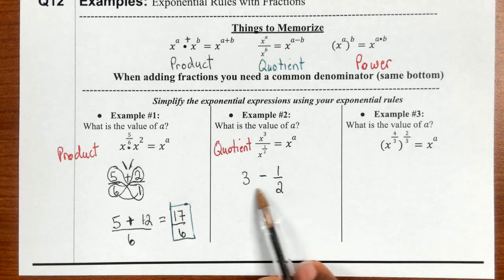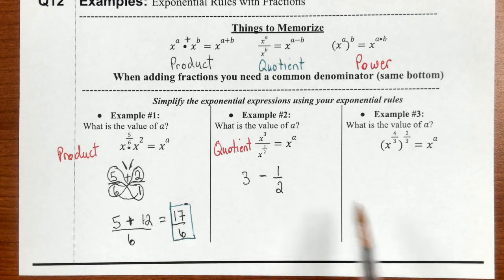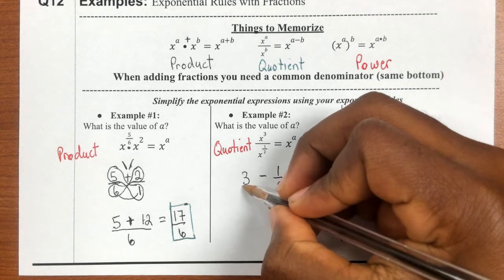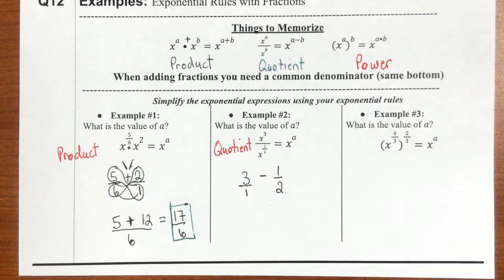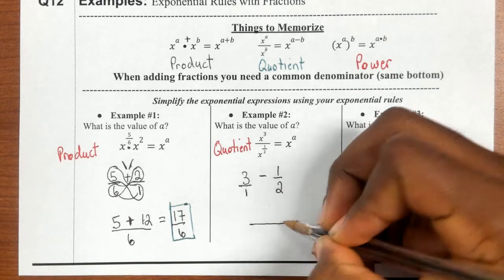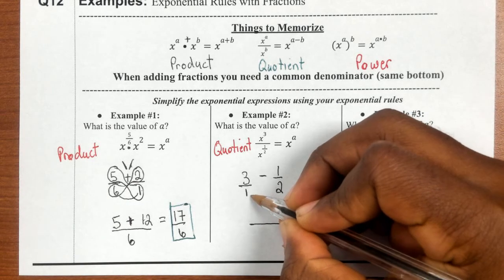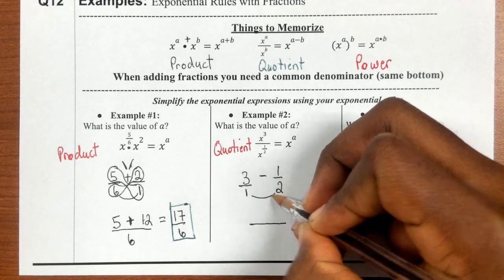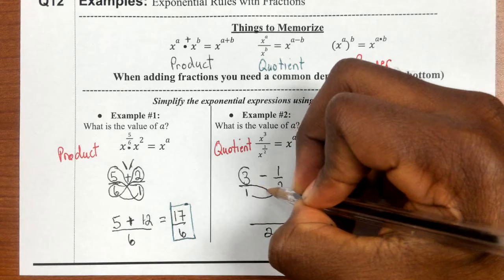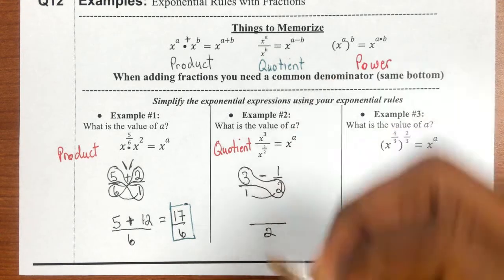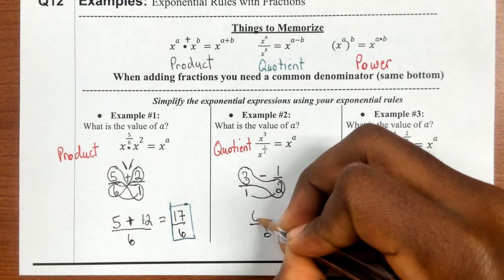But let's go ahead and use our butterfly method to solve this. What's the denominator for this 3 when I don't see a denominator? A 1. So let's get a common denominator by using our butterfly method, which states that we multiply the two denominators to get a 2. Then I cross multiply this way first. 3 times 2 is 6.